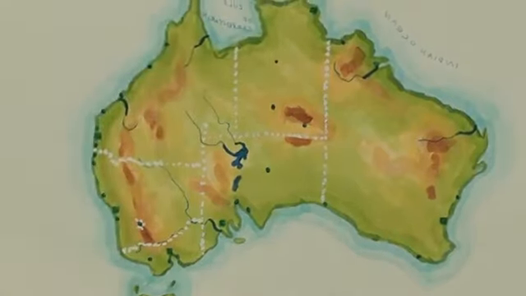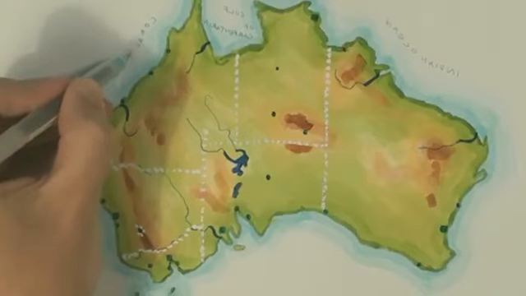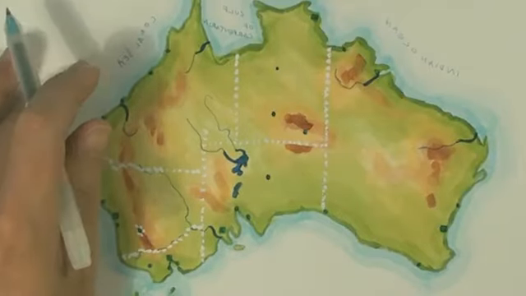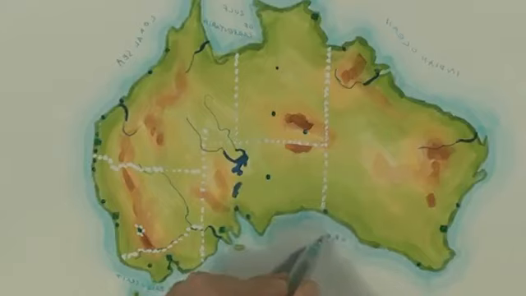We have Cape York. And Bass Strait between Victoria and Tasmania. Australian Bight.